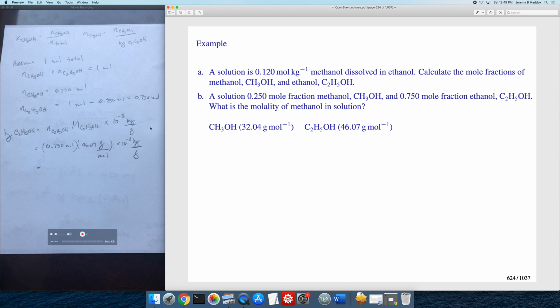I'm getting 7.22 moles per kilogram for my answer. We could say that this is a 7.22 molal solution.